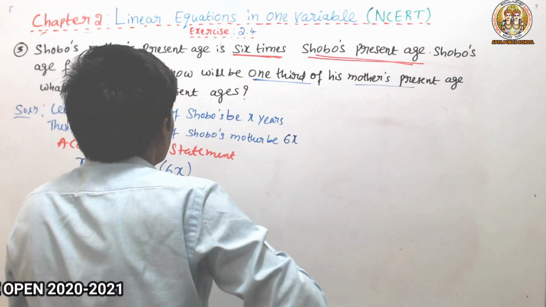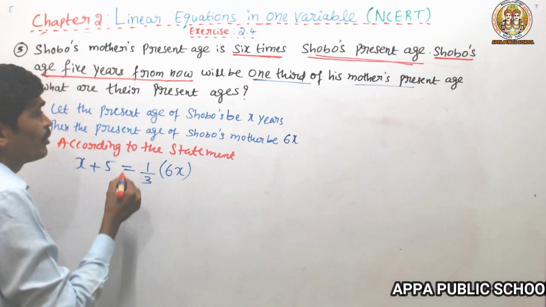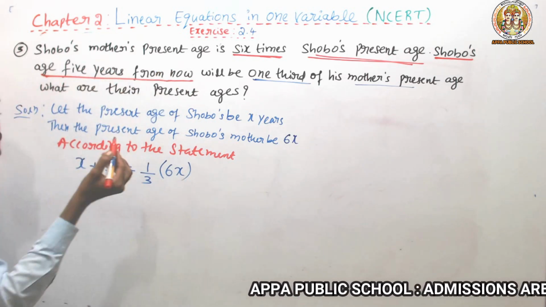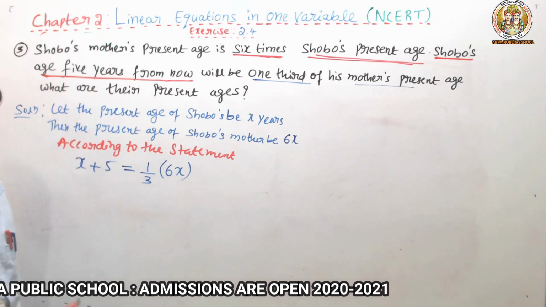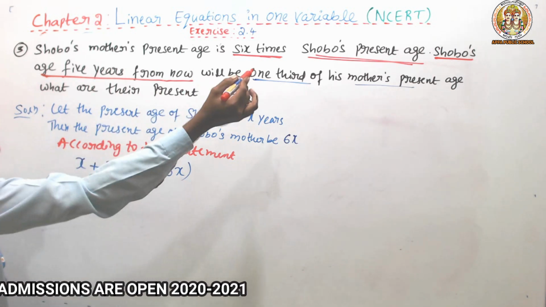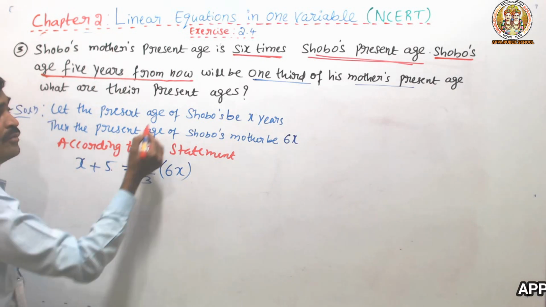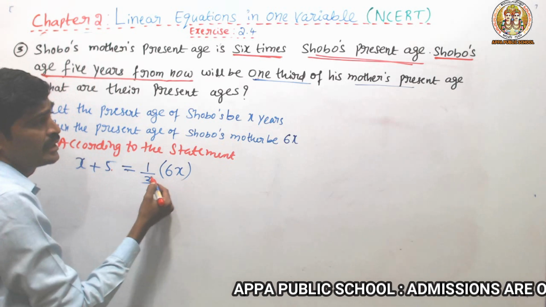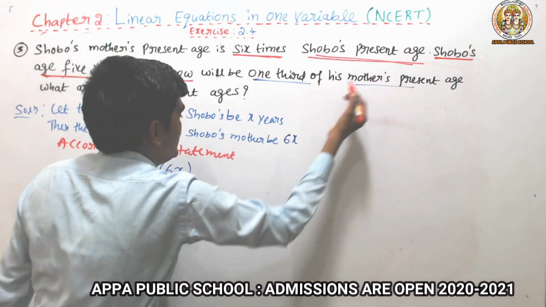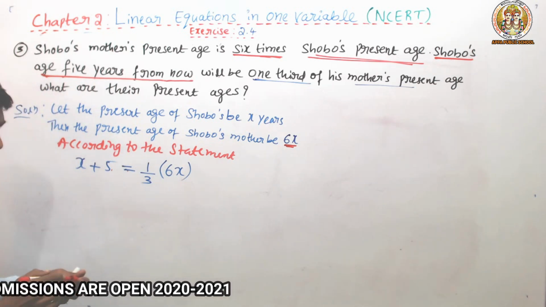Already we learned 5 years from now means if now your age is 13, 5 years from now means 13 plus 5, 18, you are saying, no? Same here. Shobo's age 5 years from now means x plus 5. Will be equal to 1/3 of his mother's present age. Mother's present age means we consider as 6x. That's why we have to write 6x.